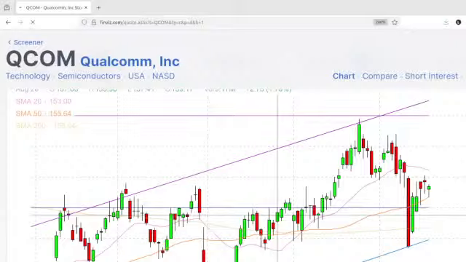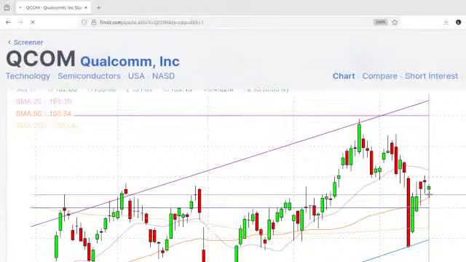So you can see here, this is my shadow, and it has touched the support. If you look at the low price, its low was 161.67.